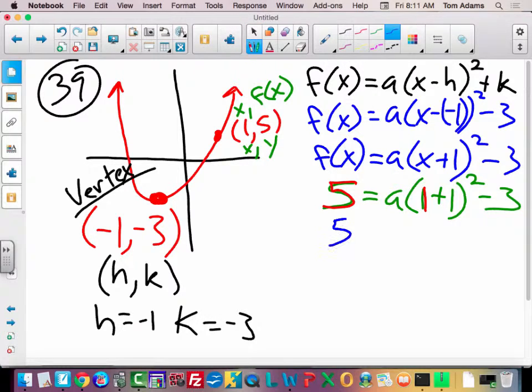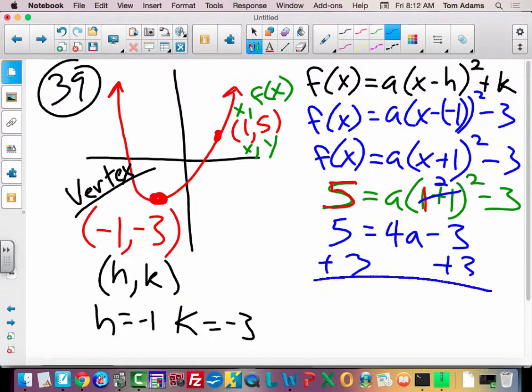So now if I say 5 is equal to 1 plus 1 is 2, 2 squared is 4, so that gives me 4 times a, which is 4a minus 3. Add 3 to both sides, and I get 8 is equal to 4a, divide both sides by 4, and I get a is equal to 2.